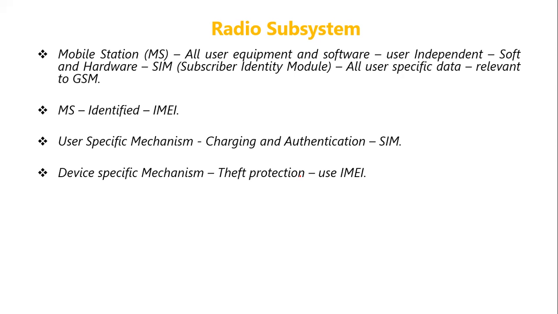So this is to identify the device. It is in no way connected with the SIM card, whatever the mobile uses. Whereas a user can personalize a mobile device by using SIM cards.